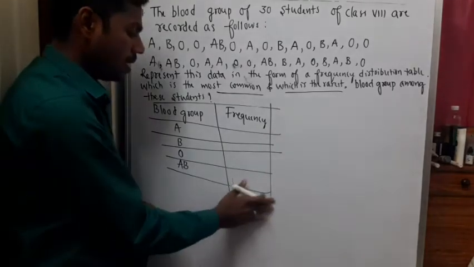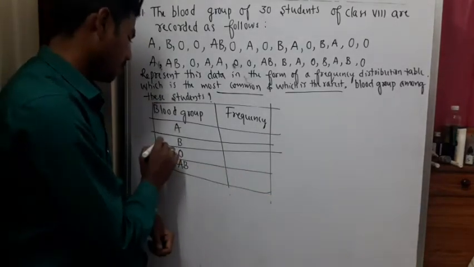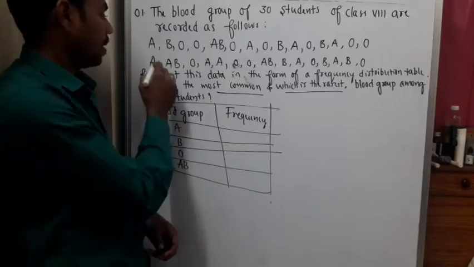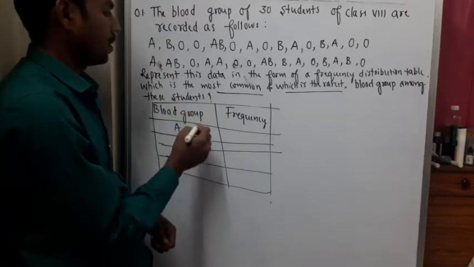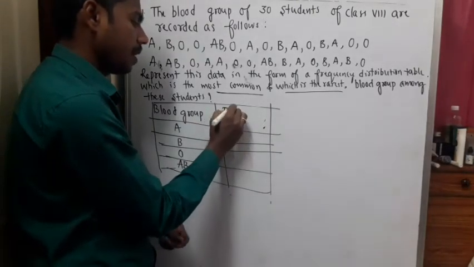Now we'll write the frequency of these blood groups. First A. We'll use a tally mark table here.